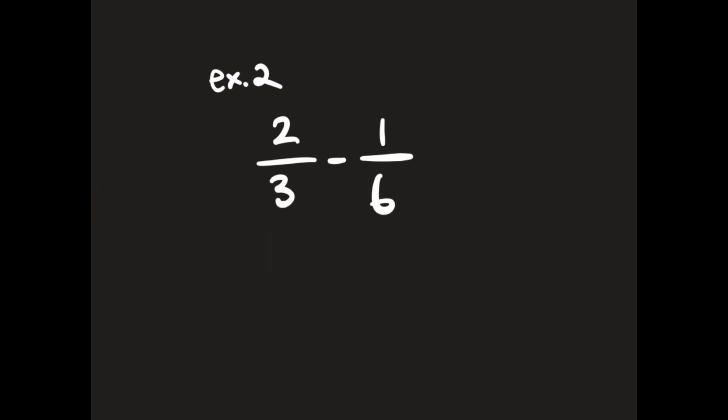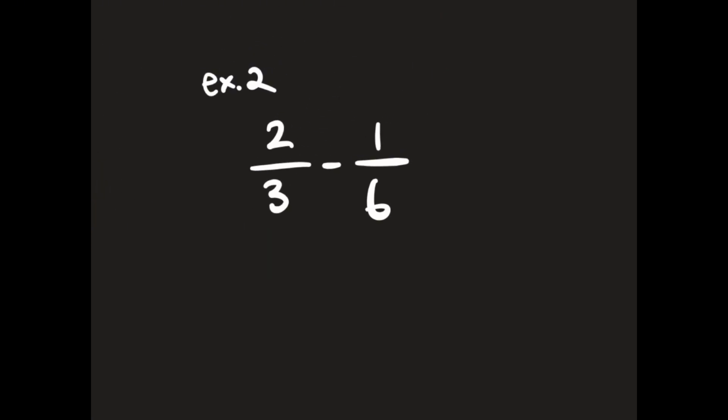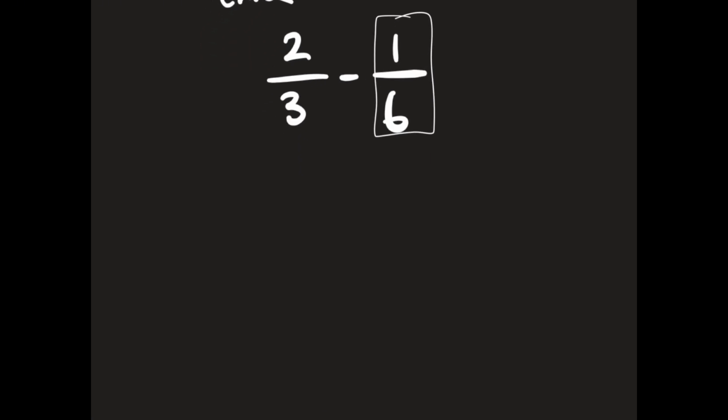Our last example, we have 2/3 minus 1/6. Again, I have to think about which one I change. I can't change 1/6 any more than that, so I'm going to box this. I don't touch it. So I need to go 2/3, and my target is up to 6. 3 times 2 gets me 6.